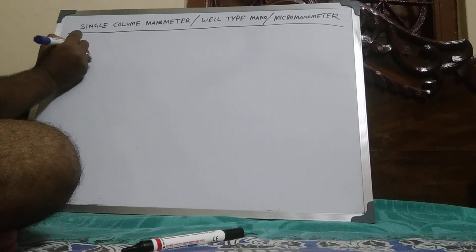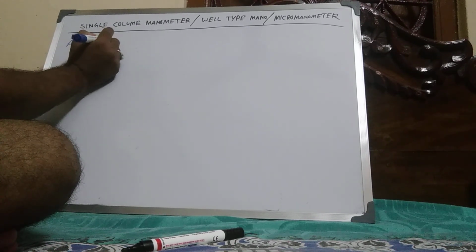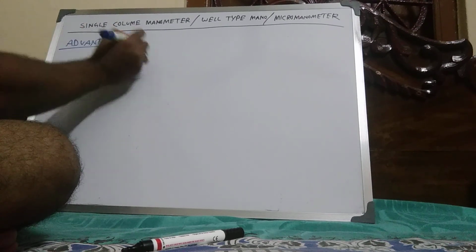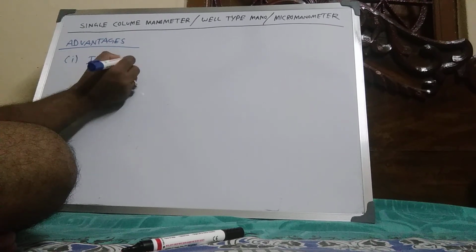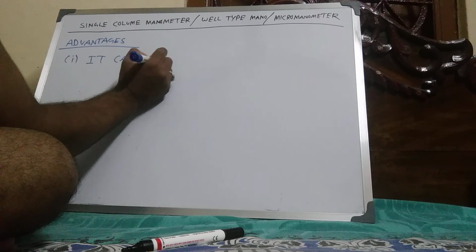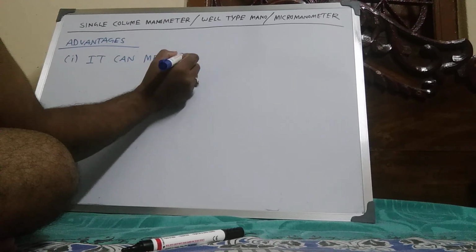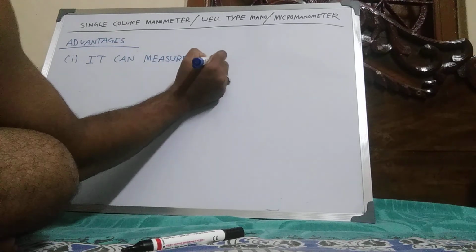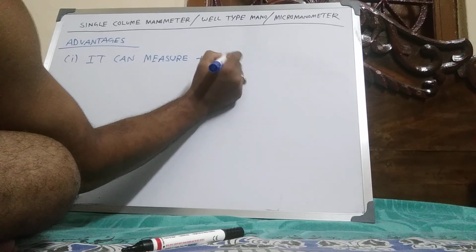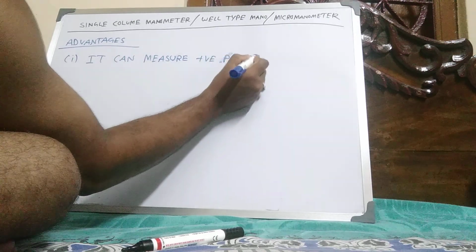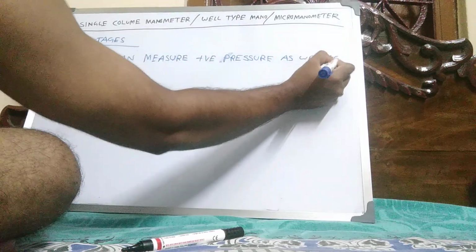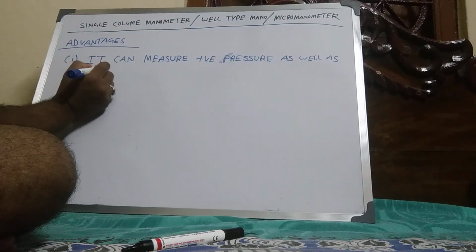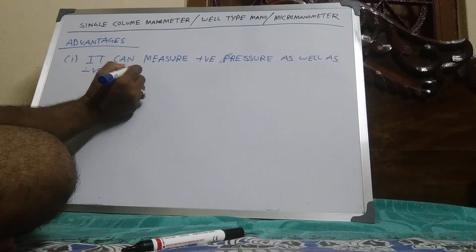Now the advantages of the single column manometer. Number 1, it can measure positive as well as negative pressure, meaning vacuum pressure.